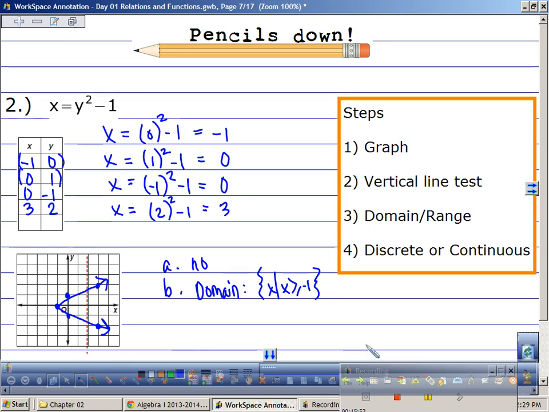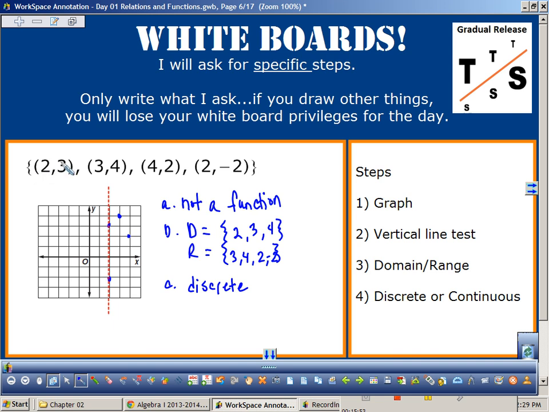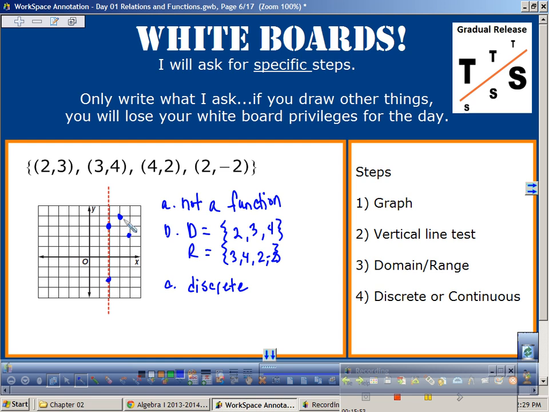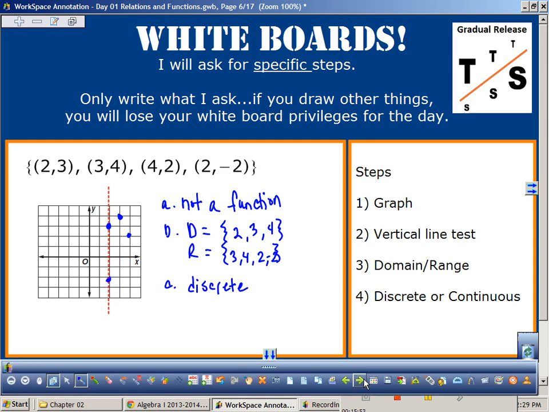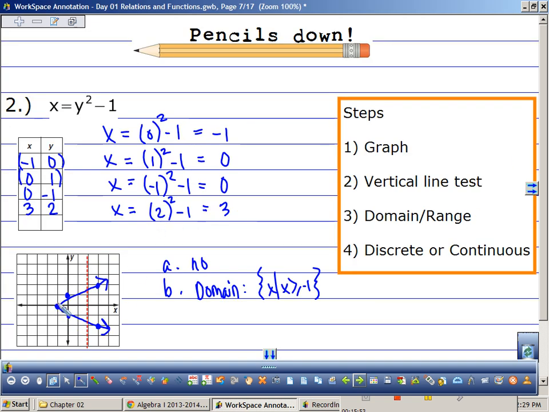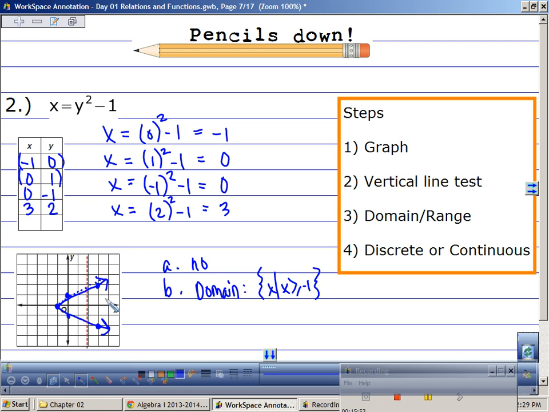Okay? The reason why on here you have domain values that are just singular values is because these are points, right? So your domain values are only dealing with these discrete points. But if this is a continuous relation, then I've got infinite points in here. I just haven't graphed them. But they're all there, right?